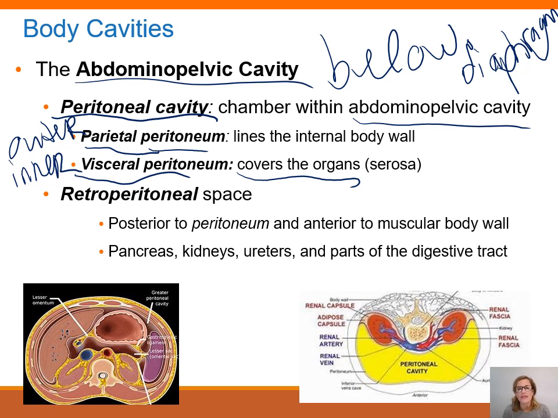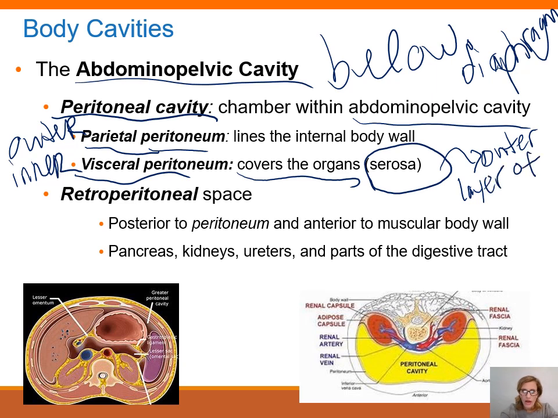And this includes a lot of different digestive organs, or organs that are part of the digestive tract, like the intestines, for example. This visceral peritoneum actually forms something called the serosa, and the serosa is the outermost layer of the GI tract, the digestive tract.